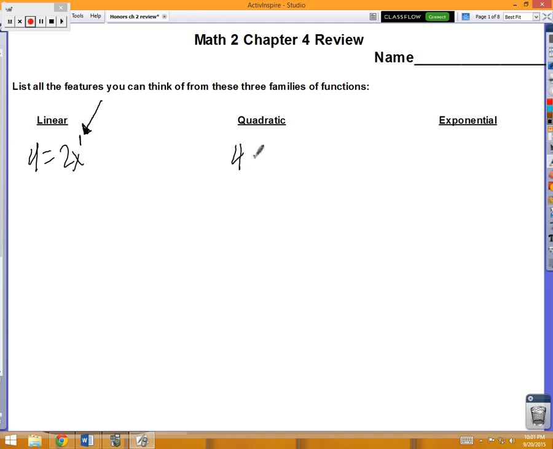If we've got y equals 2x squared, that is a quadratic equation. It's degree 2, second dimension. Exponential is kind of y equals 2 to the x. It's when your variable is the exponent. So those are kind of easy to tell too.